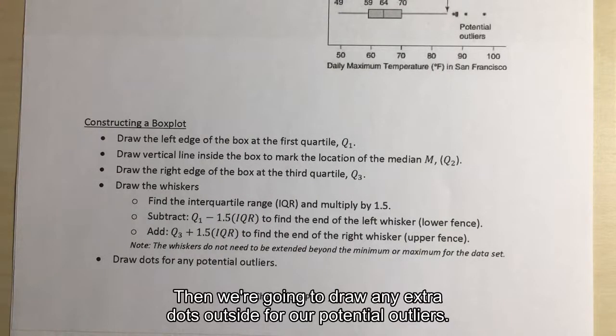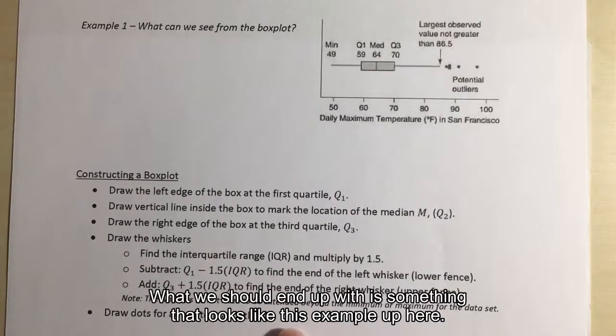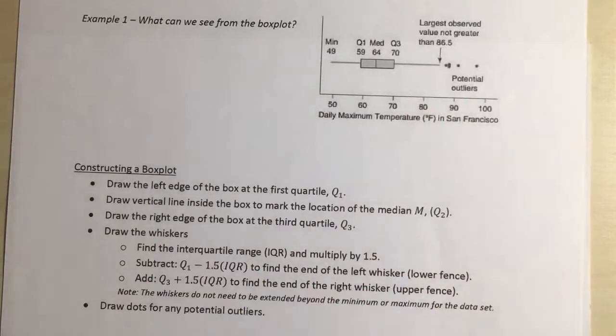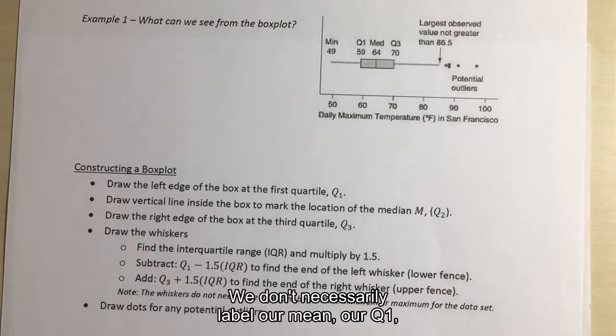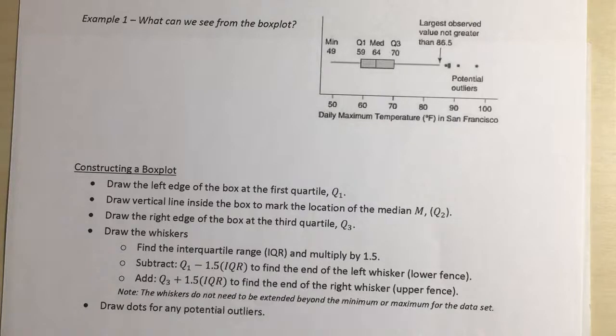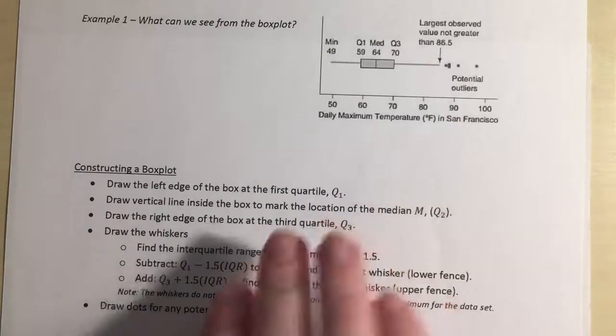And then we're going to draw any extra dots outside for our potential outliers. So what we should end up with is something that looks like this example up here. In that example, everything is labeled. We don't necessarily label our min, our Q1, our median, Q3, things like that as we're going through. We're just going to sketch out a little picture for this first example.